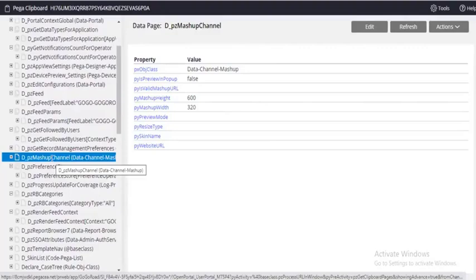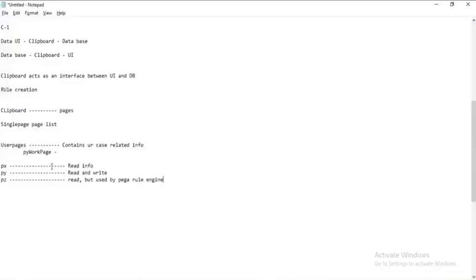Whenever it starts with PZ, you have to think that this is used by Pega, the system. Till now, is it clear?